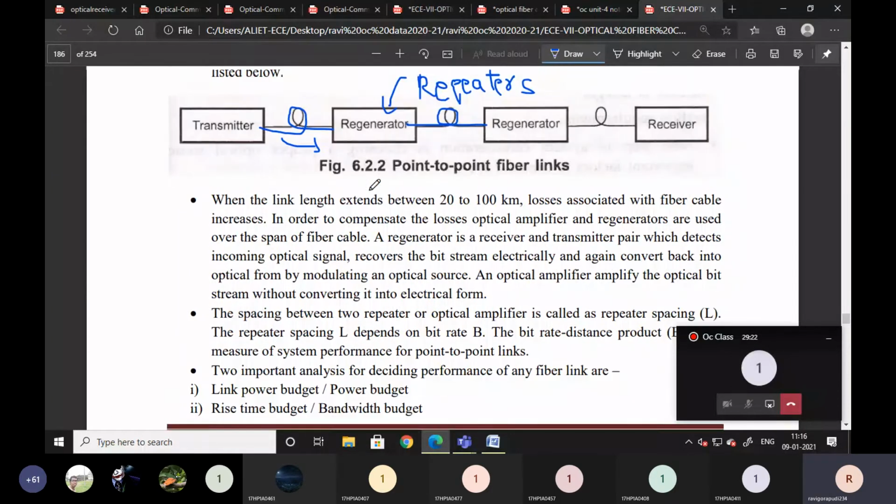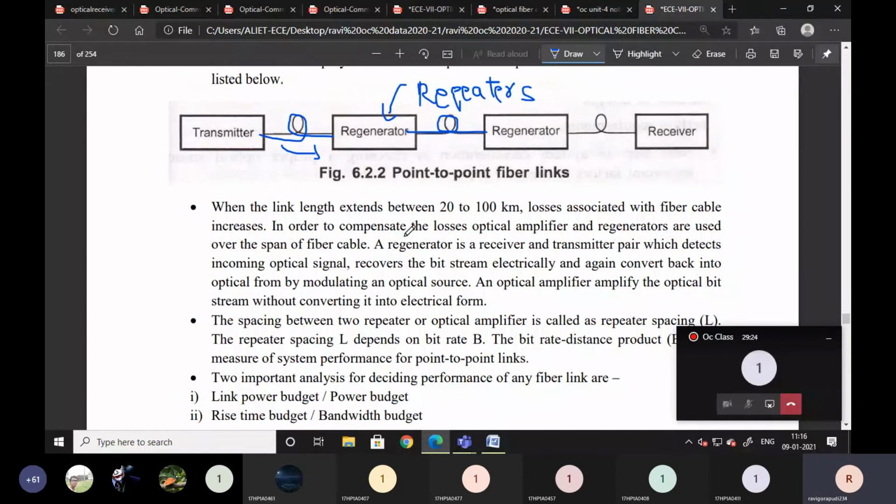When the link length extends between 20 and 100 kilometers, let us consider, for example, in between the transmitter and receiver the distance is 20 to 100 kilometers. Then the loss associated with the fiber cable increases. So if distance increases, the cable losses also increase.